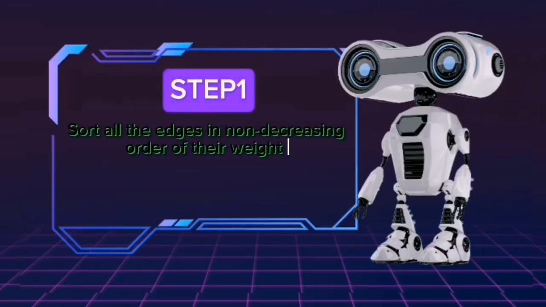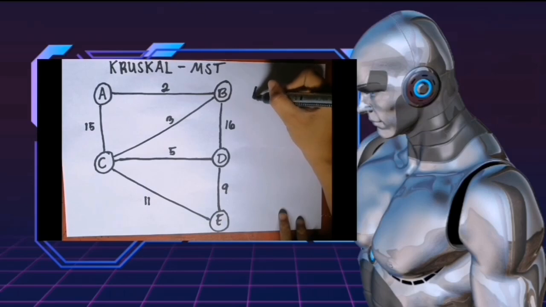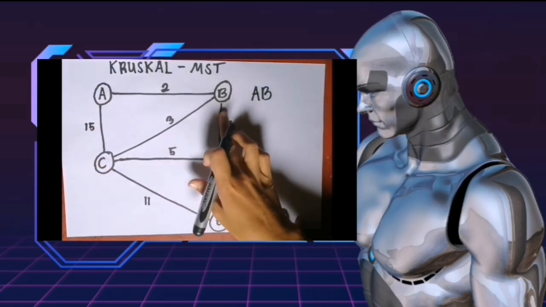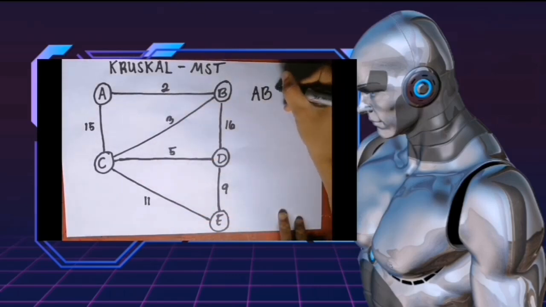Step 1. Sort all the edges in non-decreasing order of their weight. The first step is to list all the edges and sort them by their weights in ascending or increasing order. Let's start. We have AB with its weight 2, because 2 is the smallest number in our graph.